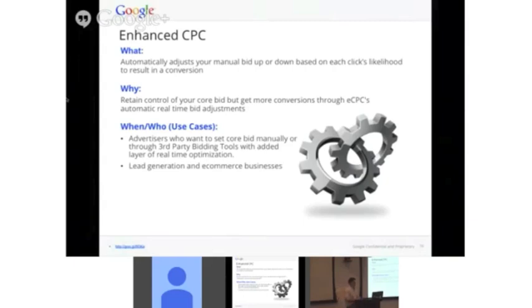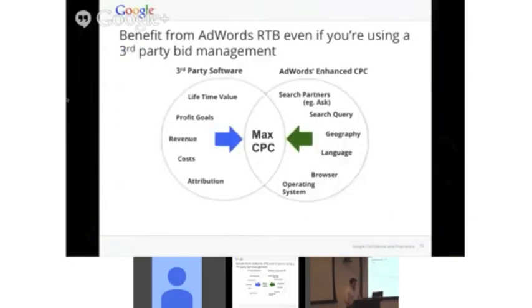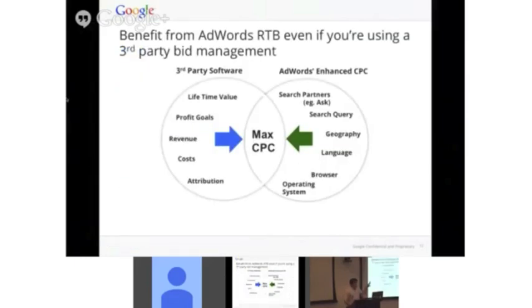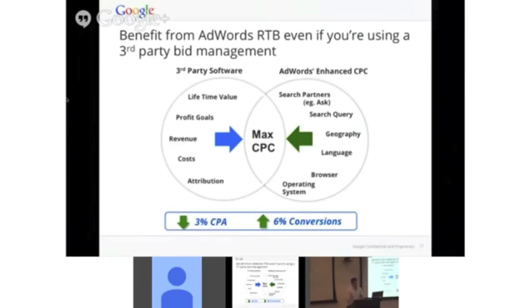So if you apply the intelligence of the third-party bidding software plus all these signals that they don't have access to, you can actually boost the performance quite significantly, right? And again, the advantage of that is you can apply that to specific ad groups as well.